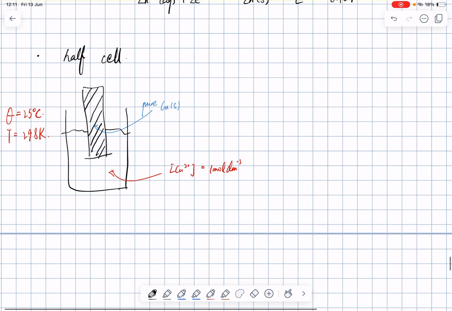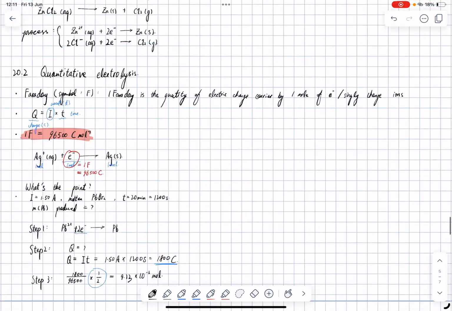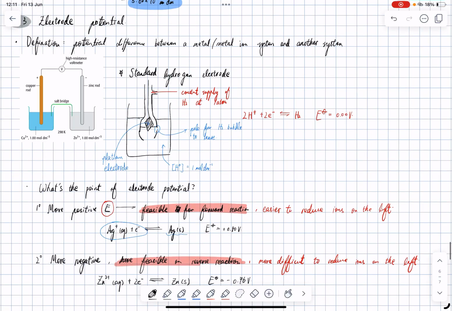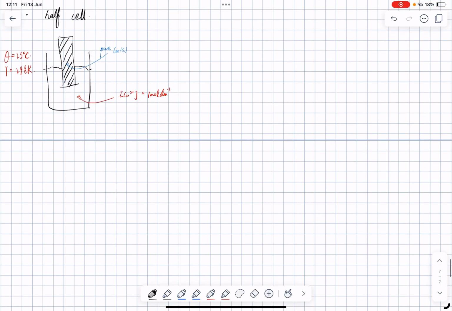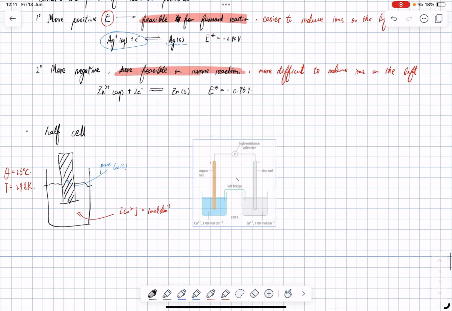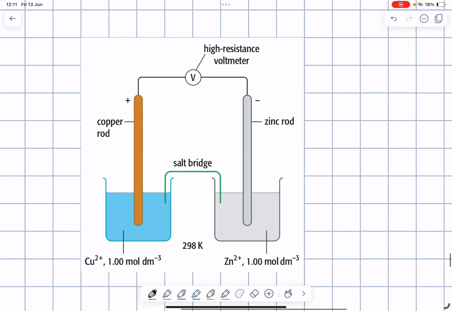So when we are connecting two half cells, how are we going to connect this? Fortunately I got a graph here. We can use the same one. You see, on the left-hand side, this is the half cell I just drew seconds ago, and we connect two of those half cells by a wire here.